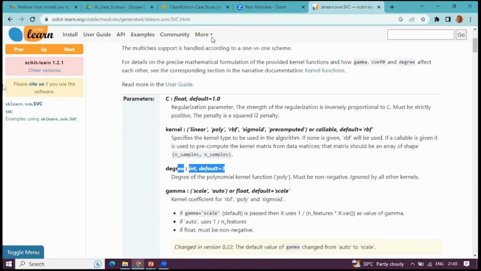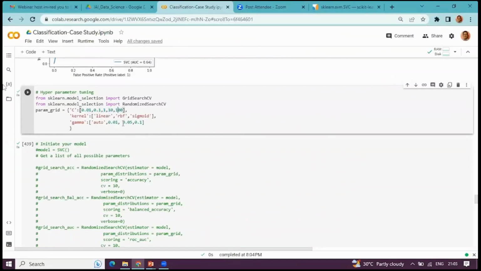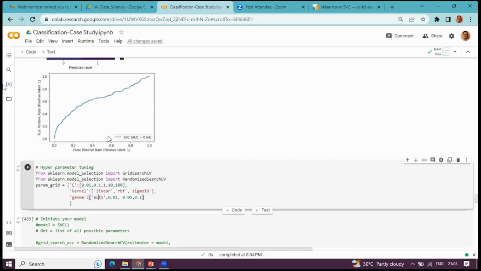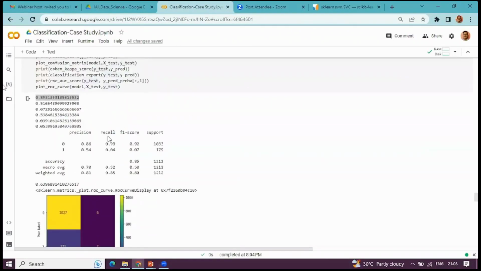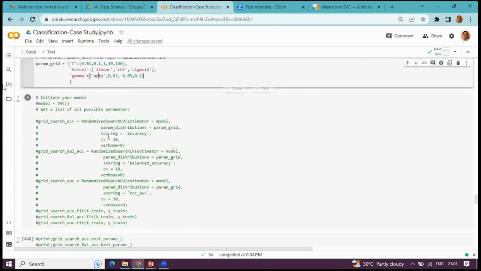But otherwise, these are the 3 major hyperparameters, right? And then you can specify your gamma values. So the auto will always consider 1 by the number of columns that are there in your data, right?